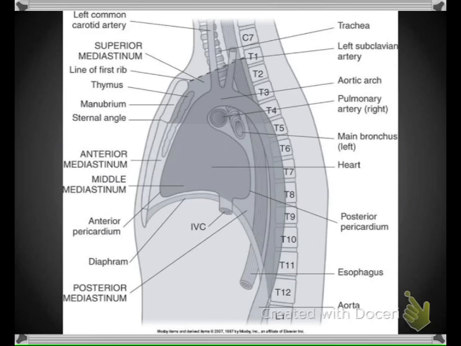We also see that we have the trachea coming down here, and then coming into the mainstem bronchus, and we know that we have left and right mainstem bronchus, but we're looking at this from the left side, so we're actually seeing the left mainstem bronchus here.